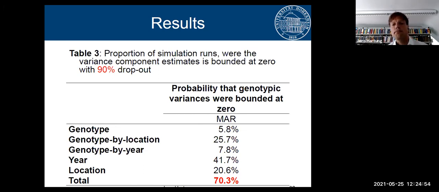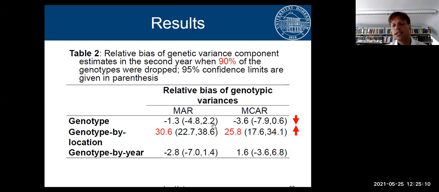So in more than half of the simulation runs, one of the variance components estimated in our analysis was bounded at 0. And this probably caused the bias, because the bias in the variance components for selection and for random dropout are close to each other.